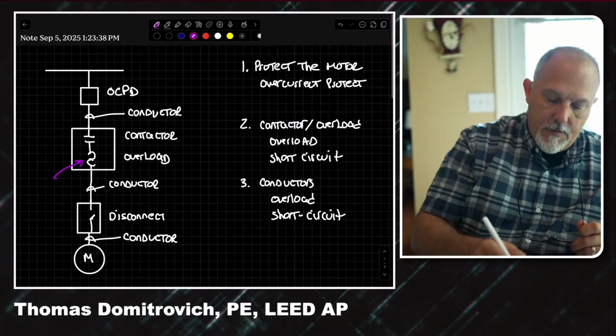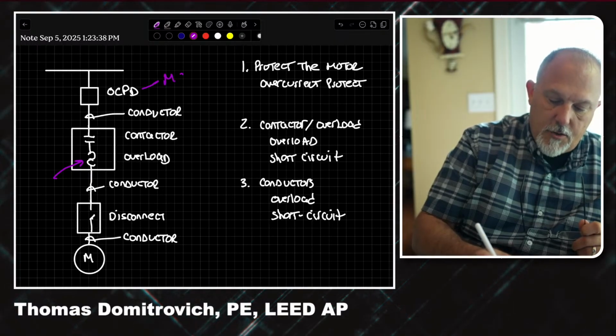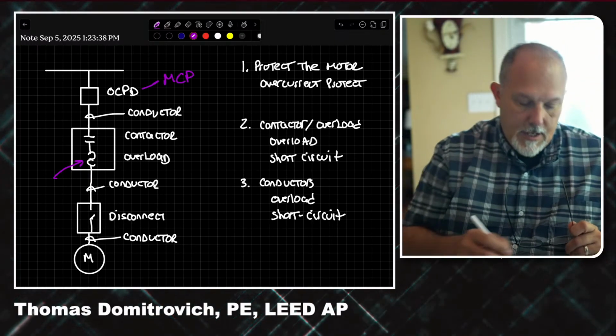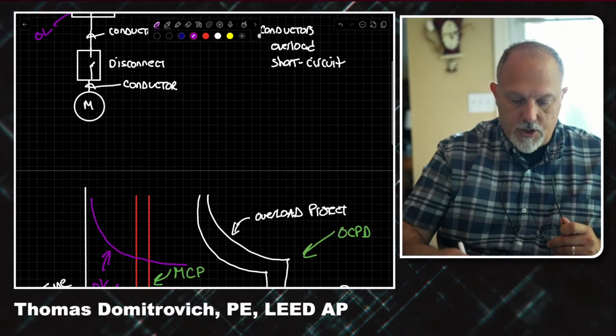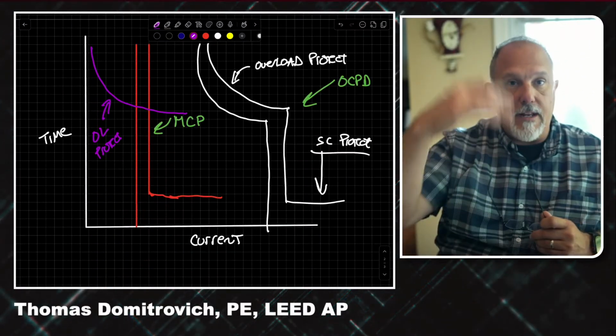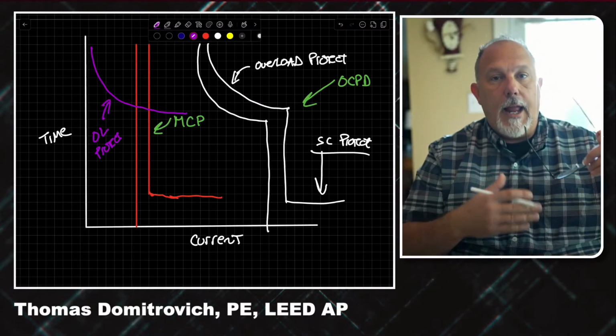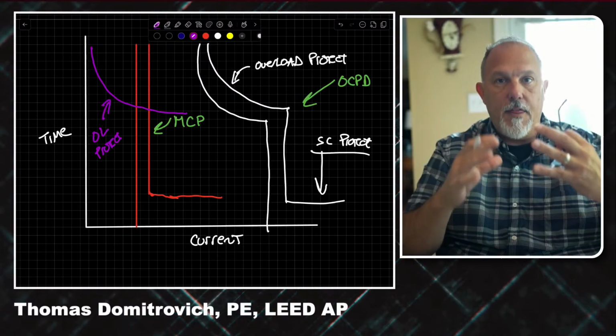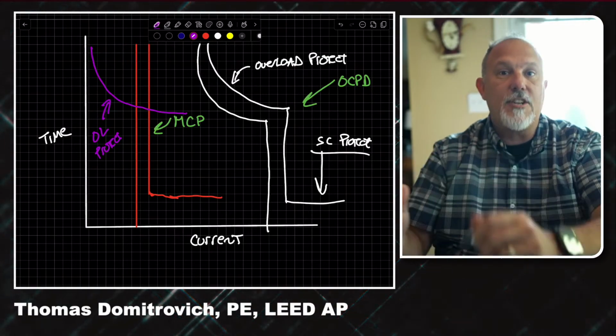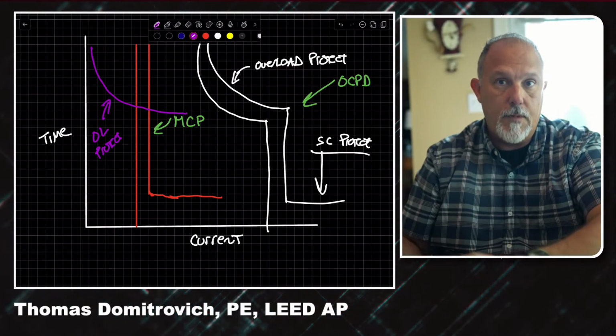So this could be your motor circuit protection, and this is your overload. So between the motor circuit protective device, that red curve, and the overload curve, combined together, they provide protection of the circuit for you, okay?